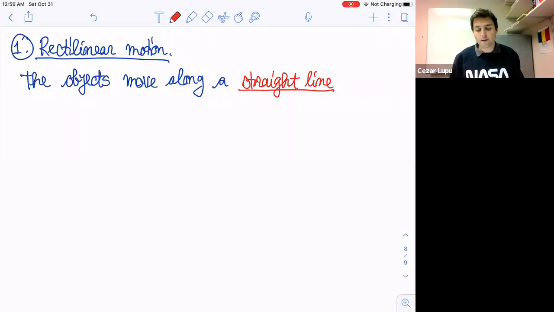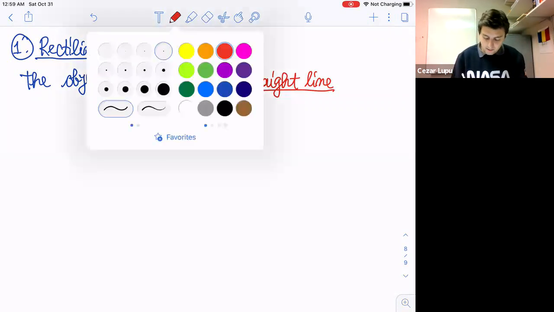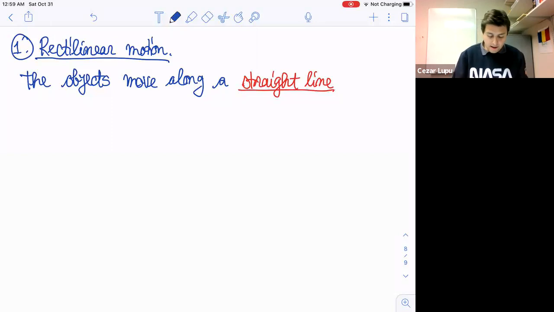So this is what we call a rectilinear motion. So everything that moves is just a straight line. It doesn't go like this or whatever. It's just a straight line.